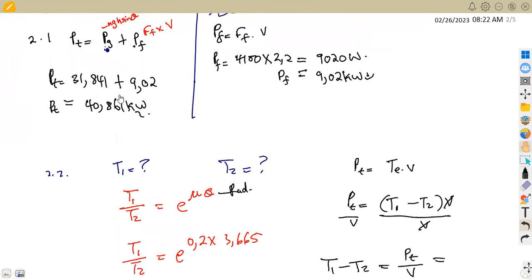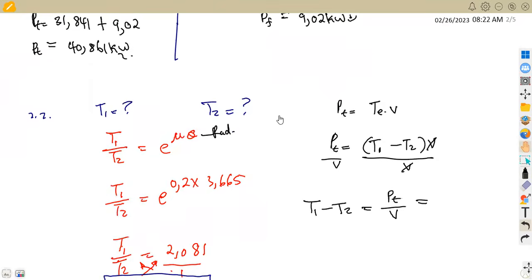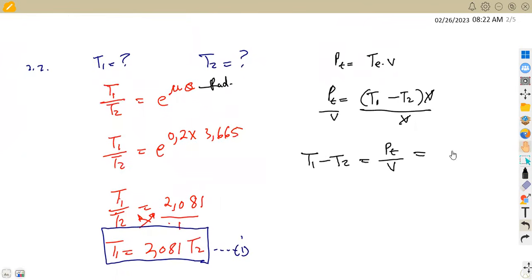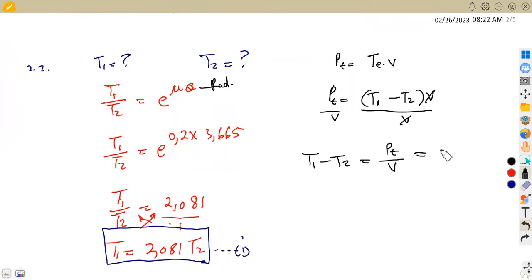So you can use this power. That was 40,861 kilowatts. Remember, kilo is 1,000, so it's going to be times 10 to the exponent of 3. So we have 40,861 times 10 to the exponent of 3 over the velocity.